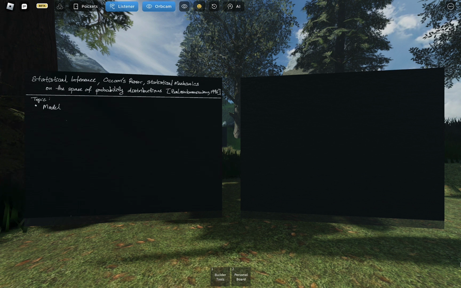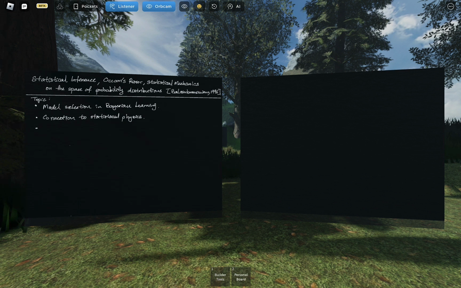It's mainly about model selection in Bayesian learning. It's making connection of that to statistical physics.